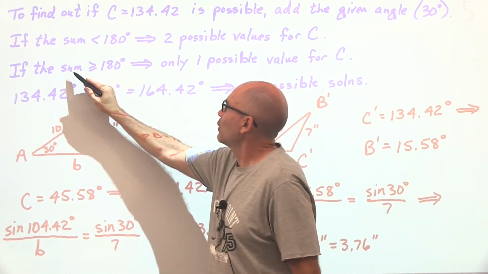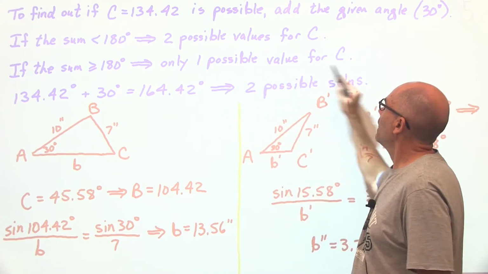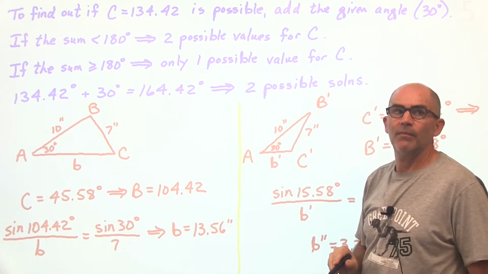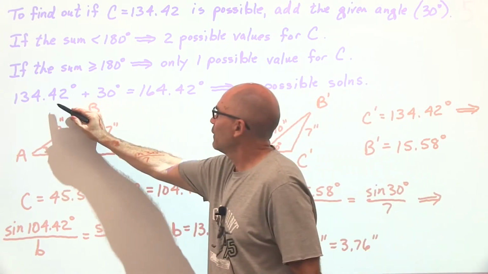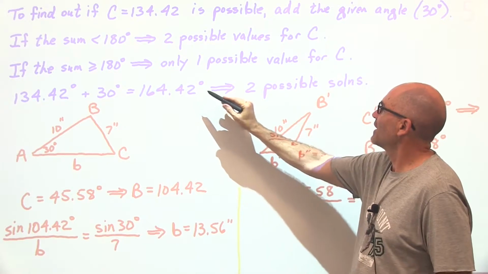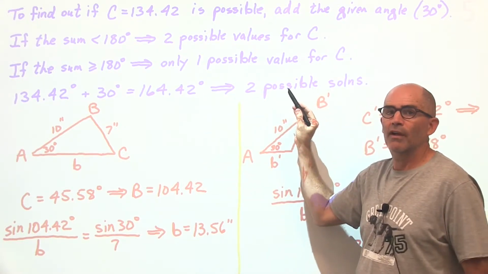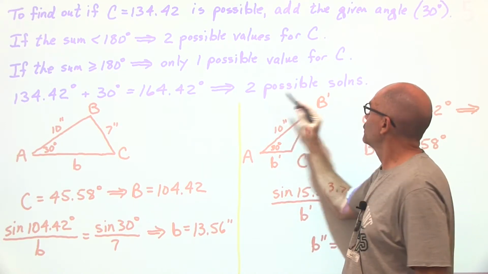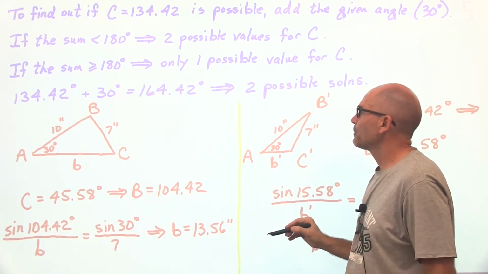If the sum is greater than or equal to 180, then there can be only one possible value for C. So when we add 134.42 plus 30, then we get 164.42. That's less than 180, which means there's room for a second triangle. So 2 possible solutions. Let's see what those solutions are.